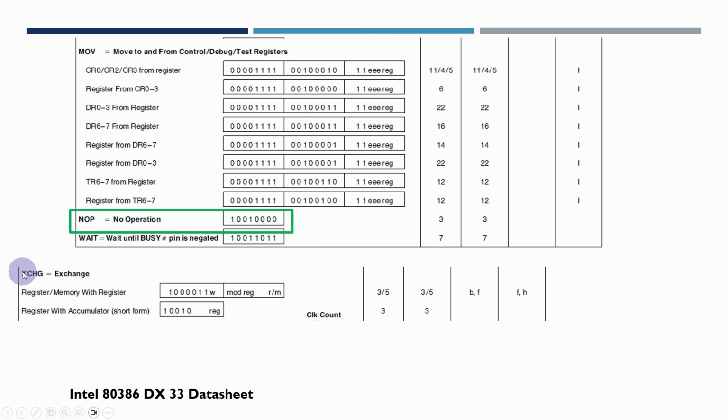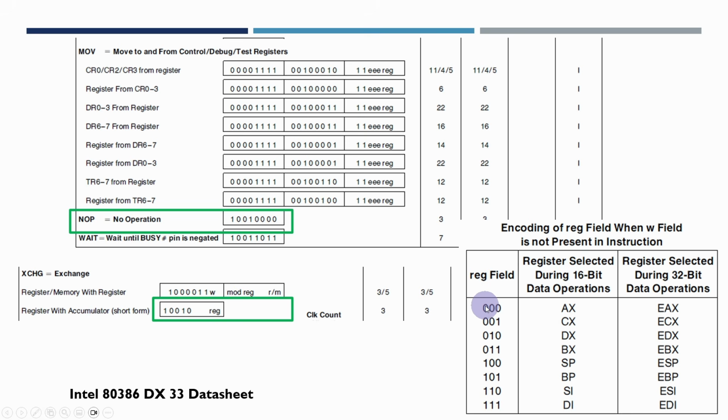But if we also look at the exchange instruction, so this is to exchange registers with the accumulator, the accumulator is normally known as AX. If we look at the register exchange with accumulator, we can see here that it begins with 9, then it has a 0, and then it has 3 digits to determine the register. And if we then have a look at the register, we can see that when we have 000, that's in fact AX.